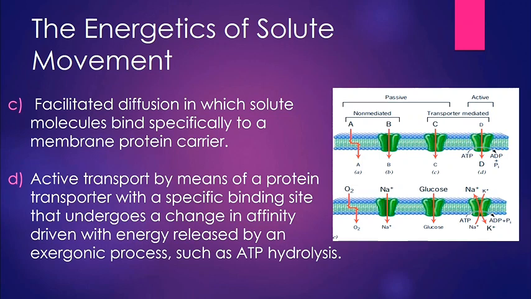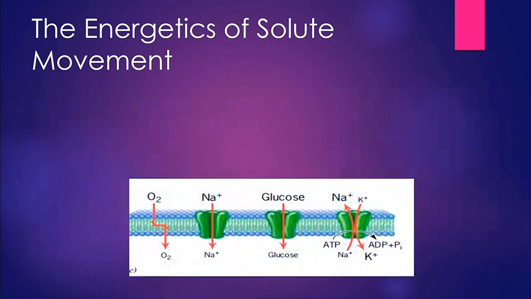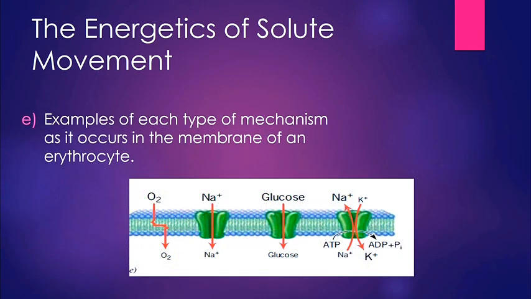Here, movement occurs against a concentration gradient. The figure below shows examples of each type of mechanism as it occurs in the membrane of an erythrocyte.